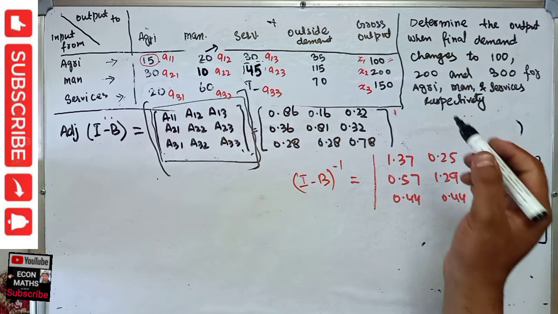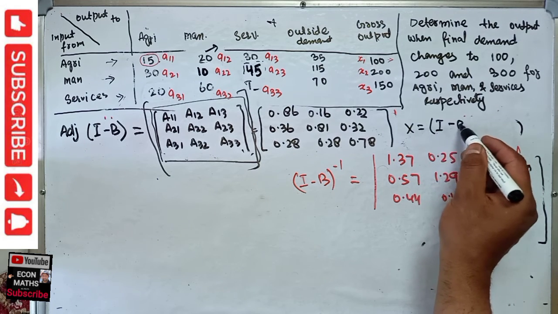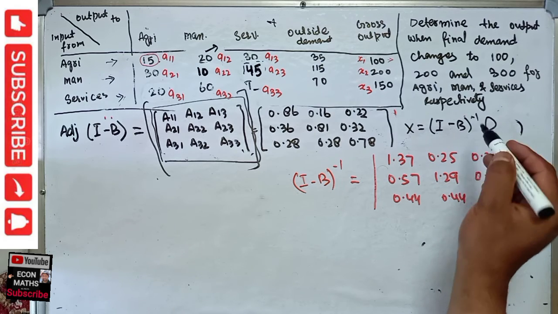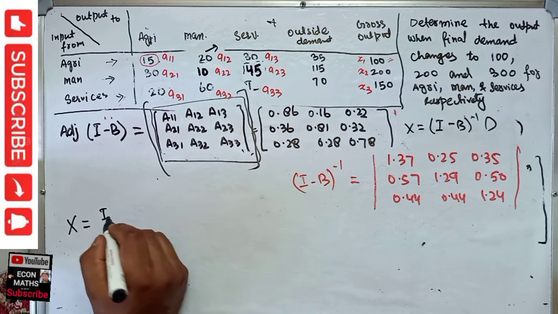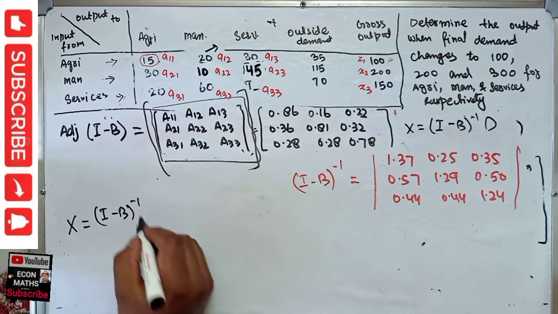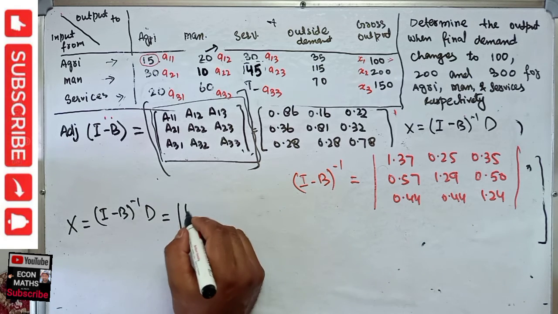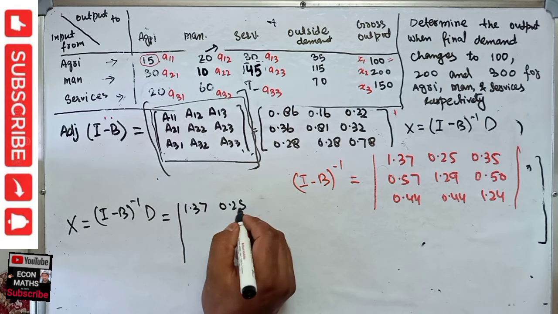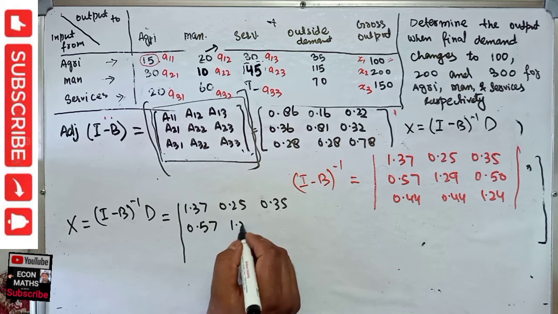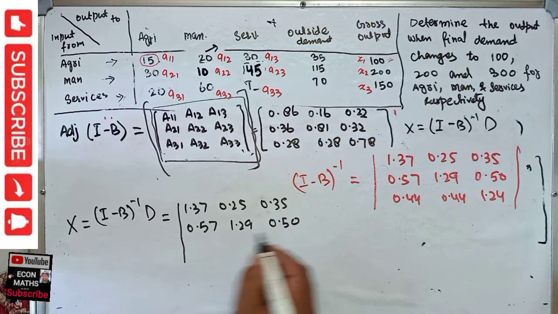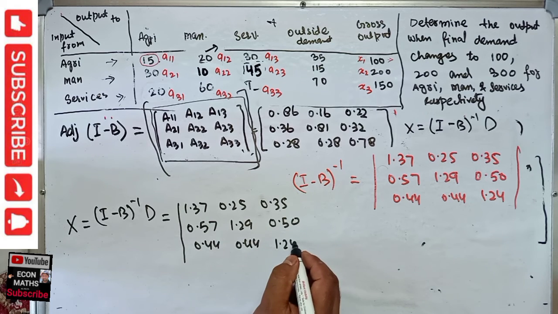As I have shown you, actually we have to find x is equal to I minus B inverse times D. Okay, then our x would be equal to I minus B inverse times D. Our matrix is 1.37, 0.25, 0.35, 0.57, 1.29, 0.50, 0.44, 0.44 and 1.24.